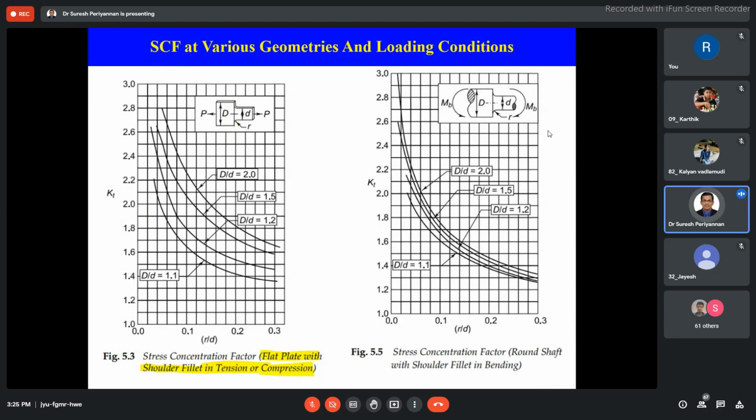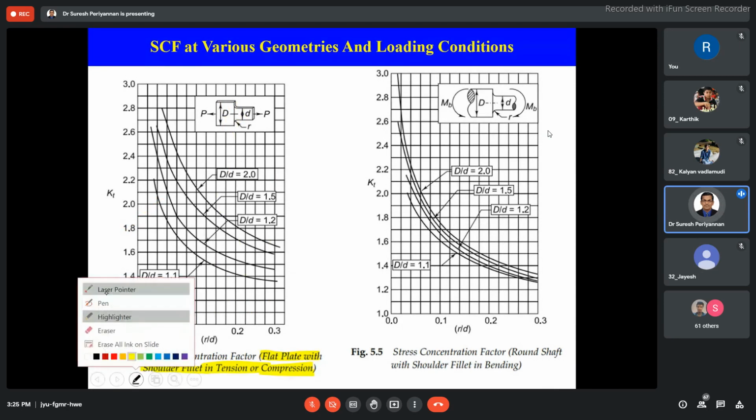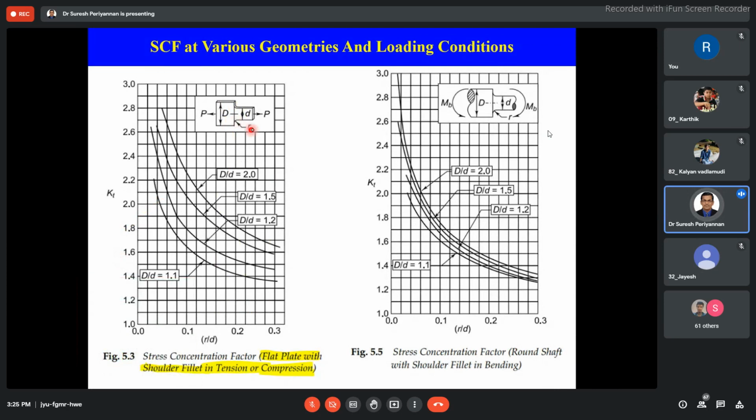Small r is our fillet radius. The r by d ratio is on the x-axis, and the y-axis is our stress concentration factor. While designing the components, we should know capital D, small d, and the small r value.